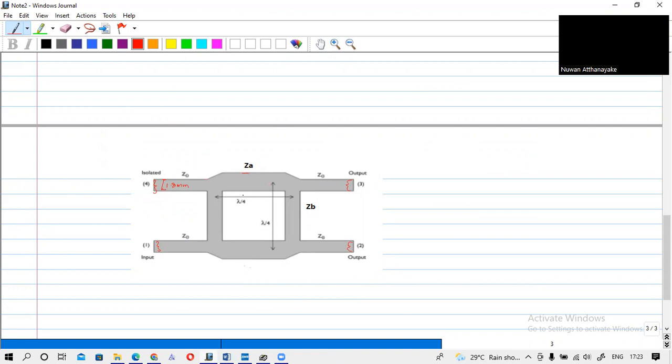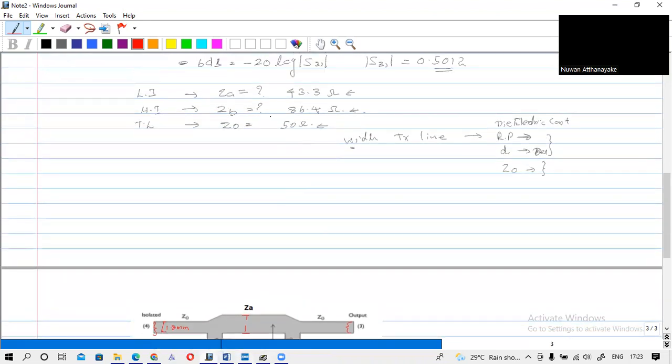Then let's find the width of the low impedance sections. There are two low impedance sections. You can remember the low impedance is 43.3.